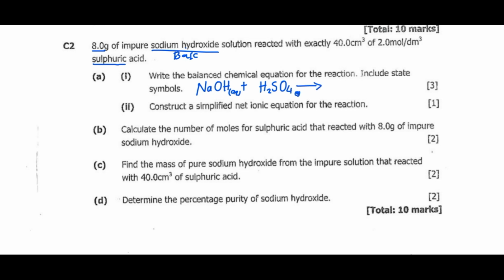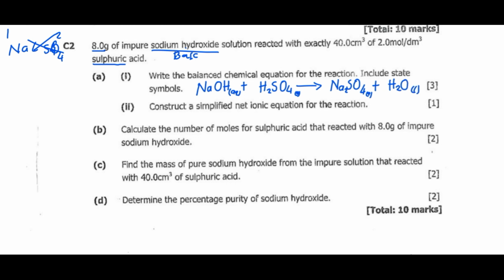Then what are we going to do? Let's look at the chemical formulas. Sodium has a valence of 1. Then sulfate has a valence of 2. So we are going to have Na2SO4 aqueous, plus, we know that whenever we react a base with an acid, we get salt and water. So we have H2O, which is a liquid here.